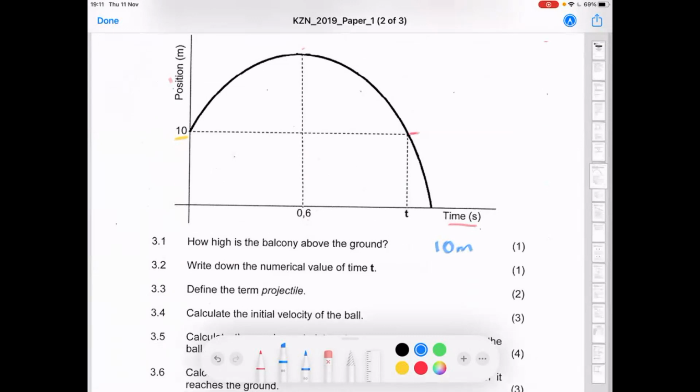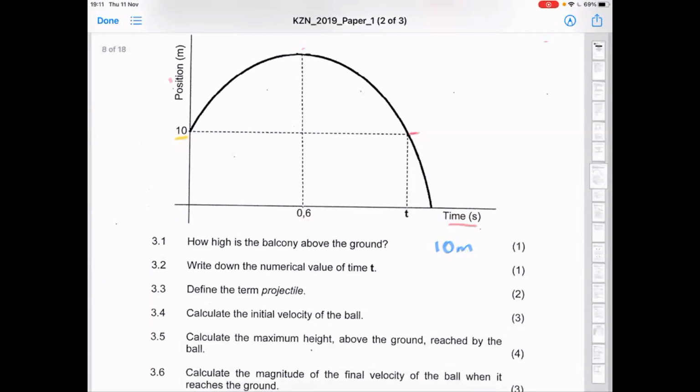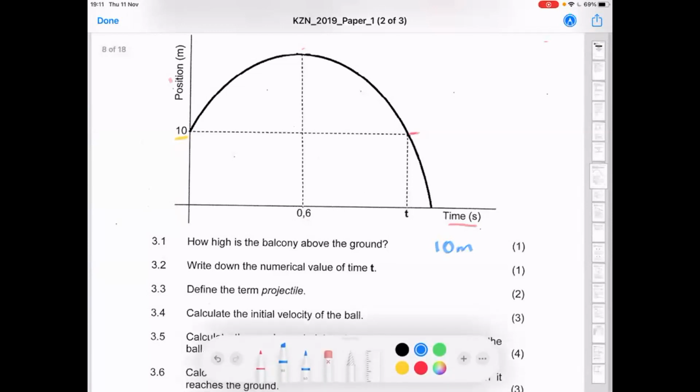Okay, the next question is, write down the numerical value of time t. So if we look at the graph, you can see that it starts here at 10 meters and it takes 0.6 seconds to reach the maximum height. And then it comes back again to the same height at 10 meters there.